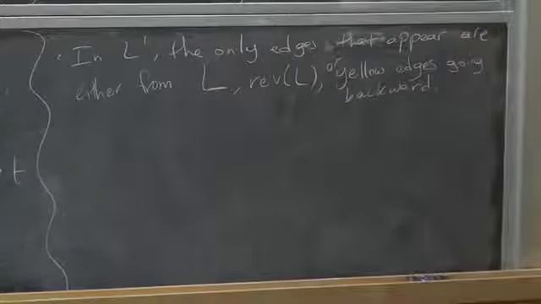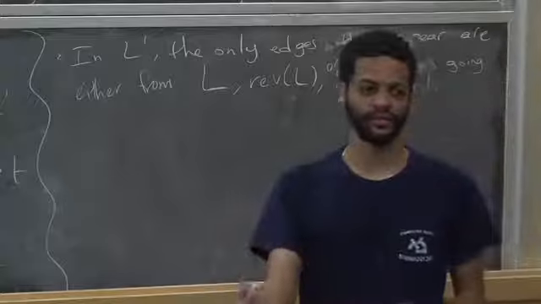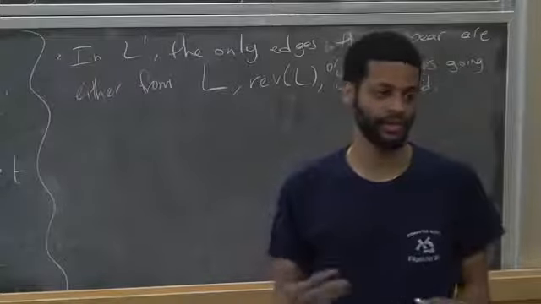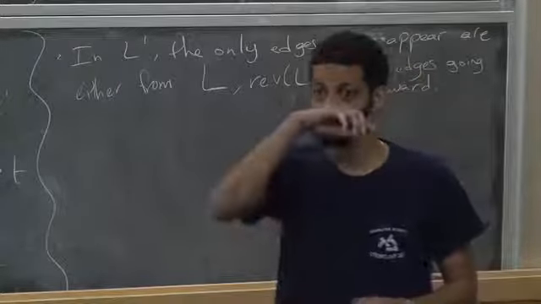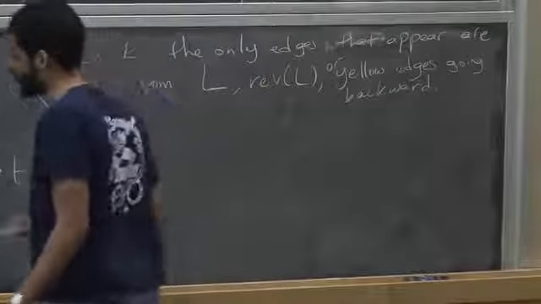The yellow edges are not in L, right? They're not in L because they don't go from one level to the next level. But they might be in GF, in the residual graph. You had a question? Oh, yeah. You could have that. You could have edges in the same level. That's true.